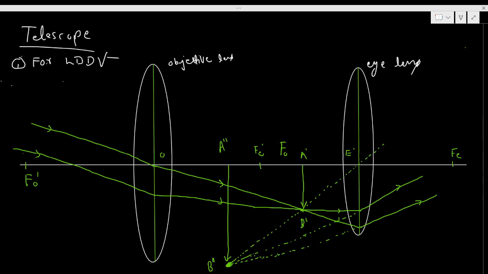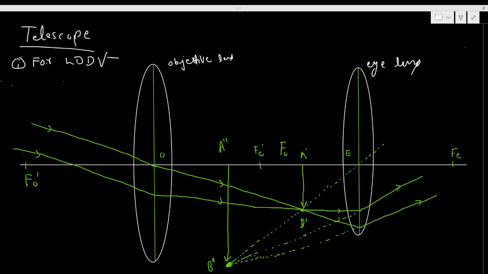The image made by the objective lens is the object for the eye lens. So A dash B dash is the object for the eye lens, and A dash B dash has been magnified by the eye lens as A double dash B double dash.